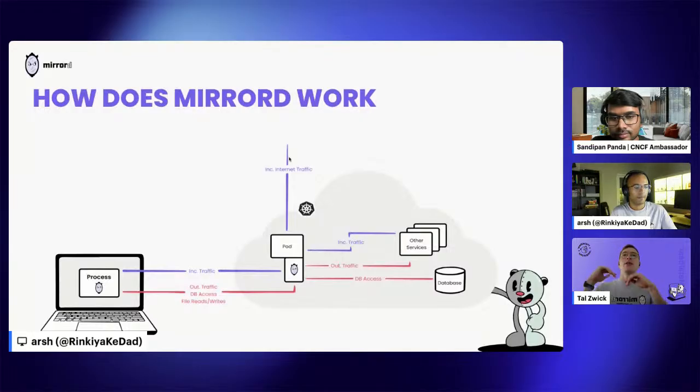So first of all, if we zoom out a bit, Miradi has a couple of main components. The first one, closest to you, is the Miradi layer, which technically speaking is a dynamic library that Miradi injects into your service.